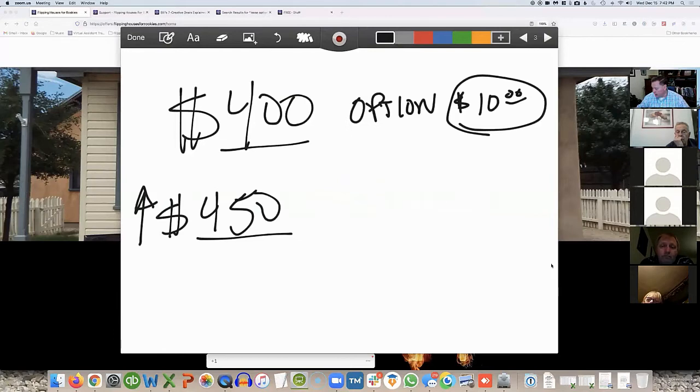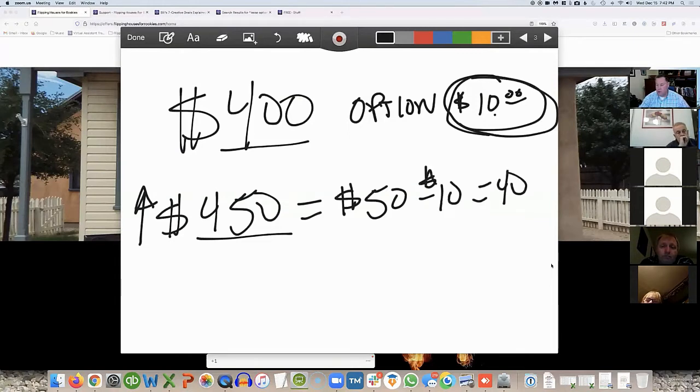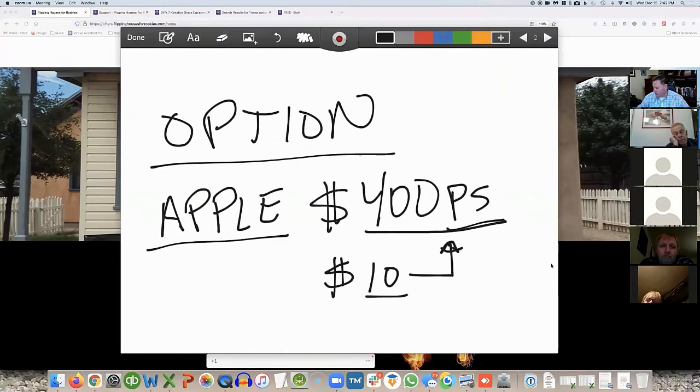So because you have this option, you can sell this stock at $450 and make $50. Minus your $10 for the fee means you made $40. You didn't have to pay $400 to buy and sell that stock.